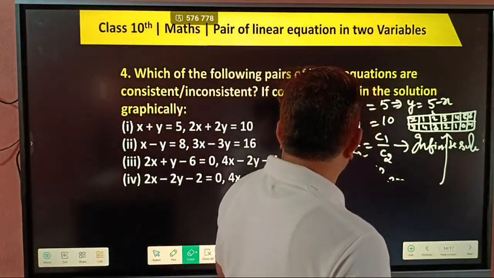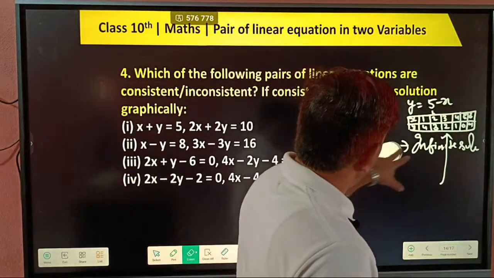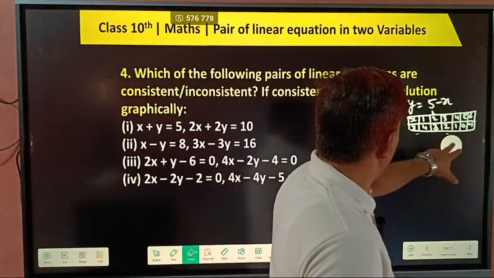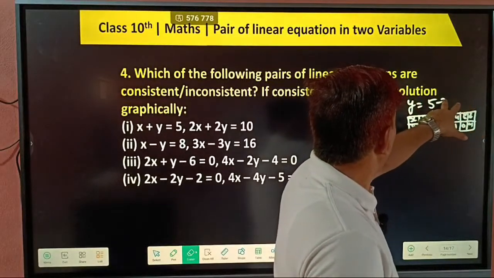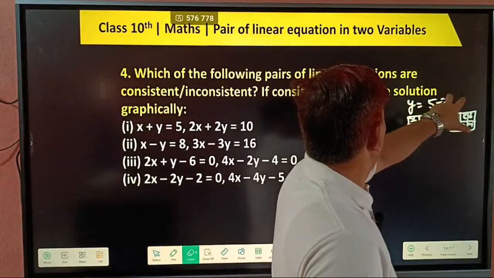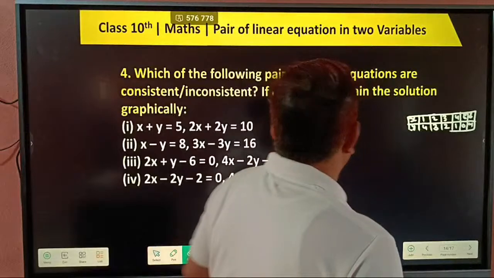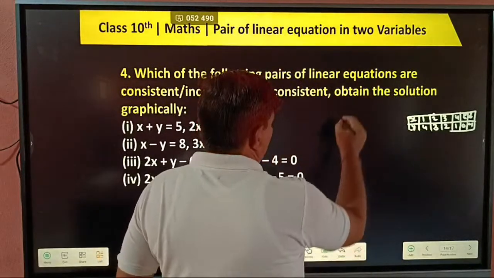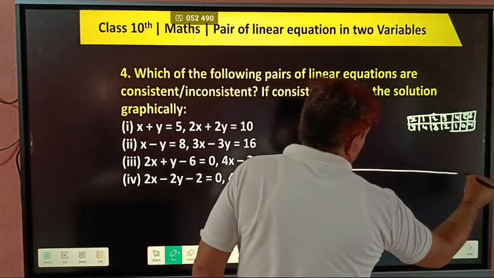So how can we draw the graph of these? We can draw it like this. This is your y-axis, this is your x-axis.